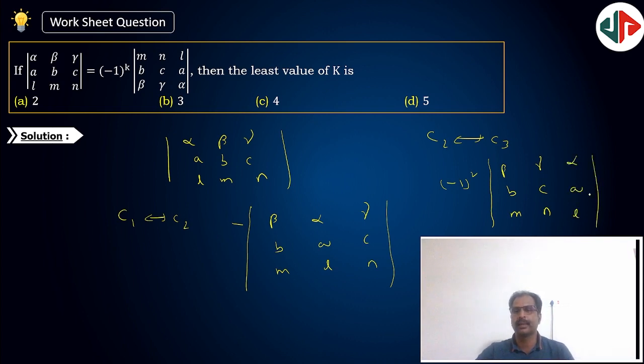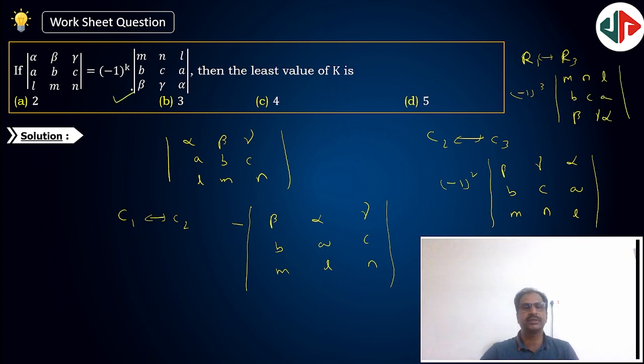Next, interchange R1 and R3. Then you get minus 1 whole cube again. Then you get M, N, L, B, C, A, beta, gamma, alpha, which is given on the right hand side.